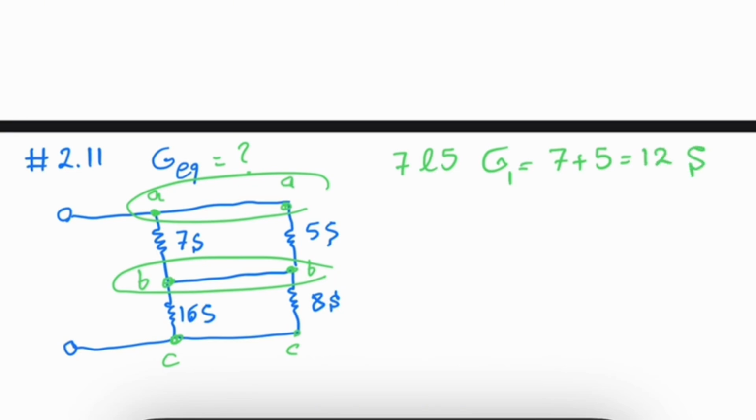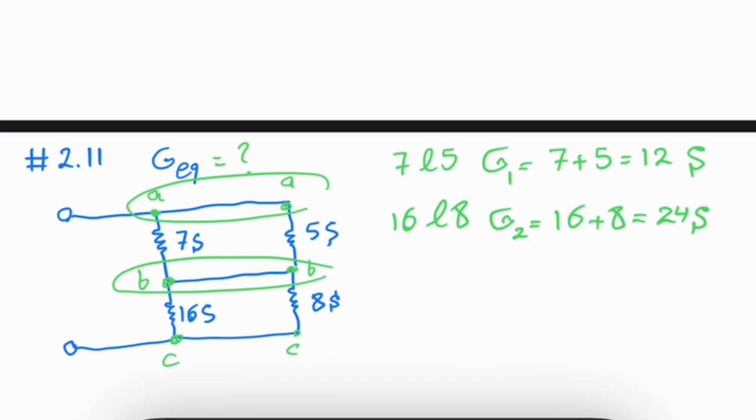Again, here you have 16 Siemens and 8 Siemens. So again, these two conductors are using the same two nodes, therefore they are in parallel. Parallel for the conductance means you are going to add them up. So G2 over here is 16 plus 8, which is equal to 24 Siemens.